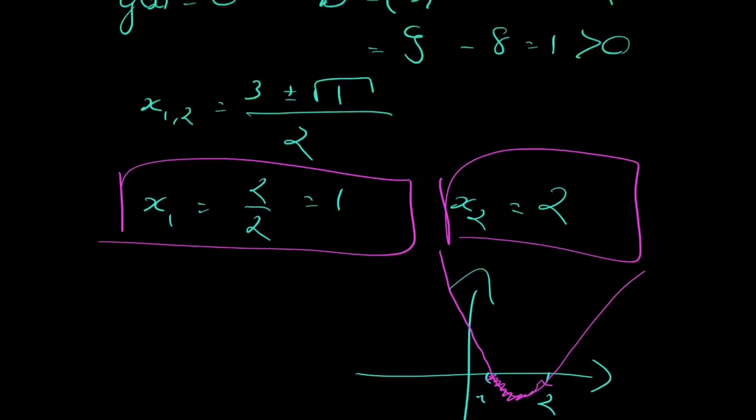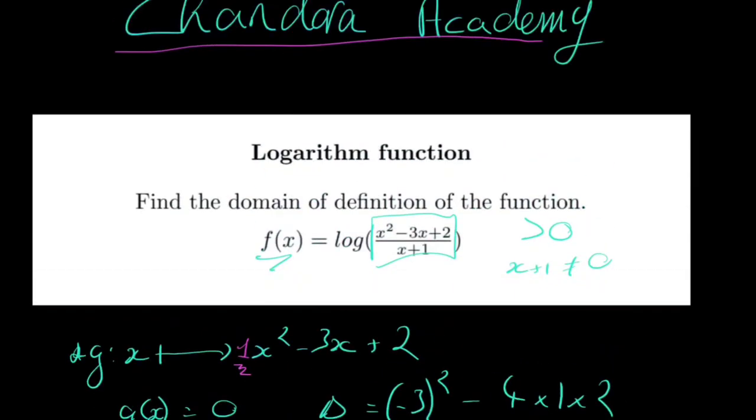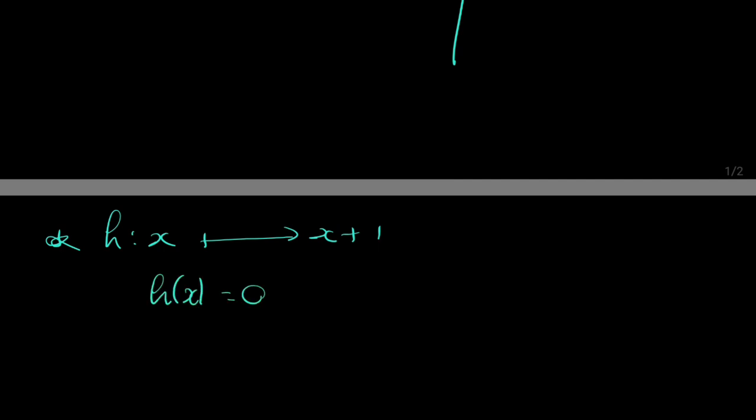Now we've got what is at the bottom, x plus 1. So let's study it. Second, let's call it h, that given x gives x plus 1. We've got x plus 1, h of x is equal to 0.